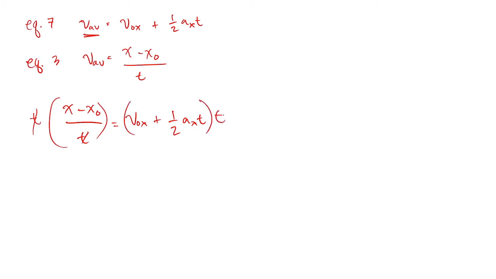And if we multiply time in this side of the equation, we will actually distribute time towards our v naught x and our acceleration times time.